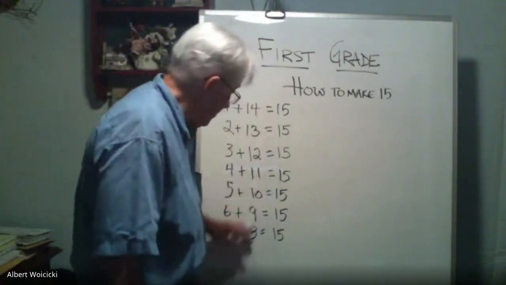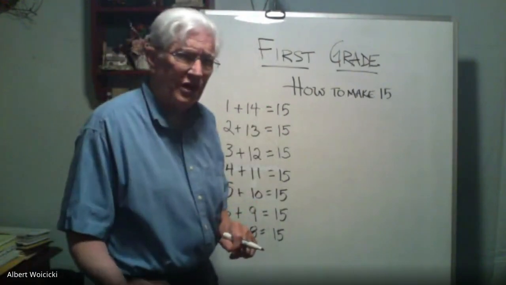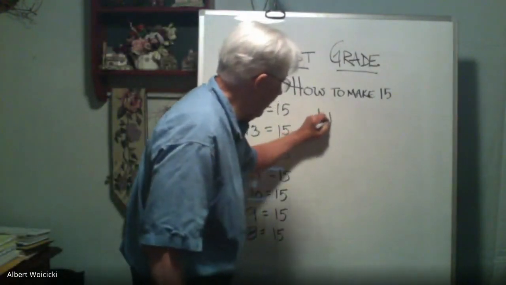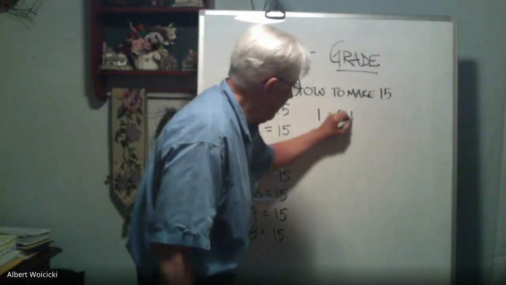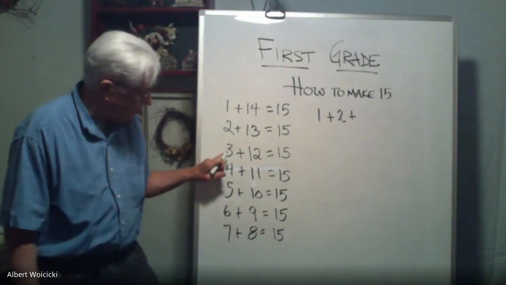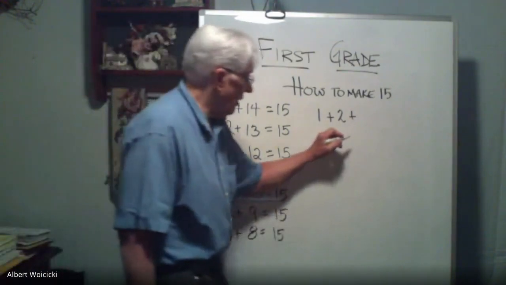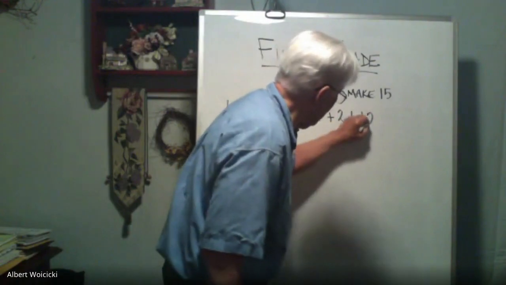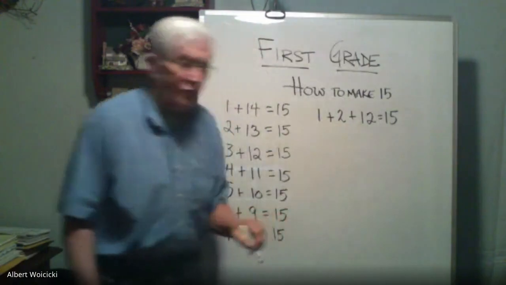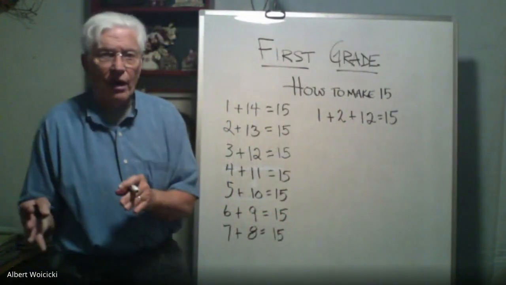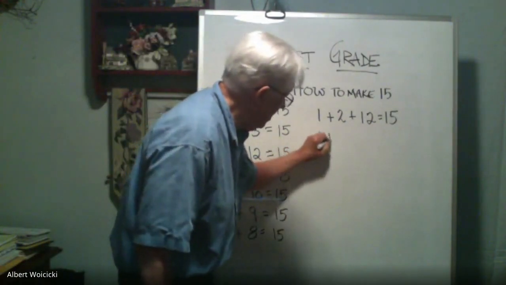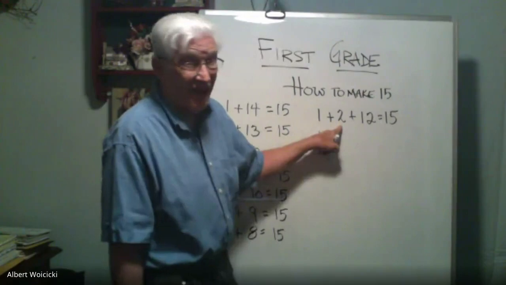So now I've got two numbers. What do I do with three numbers? I can't make them the same. So I've got 1 plus 2 plus, well, that's 3. So I go over here and I go, uh-oh, that's a 12. So 1 plus 2 plus 12 equals 15. I've got to start with 3 different numbers to add up to 15. Now I can still put a 1, but I've got to change this because I can't have the same here.